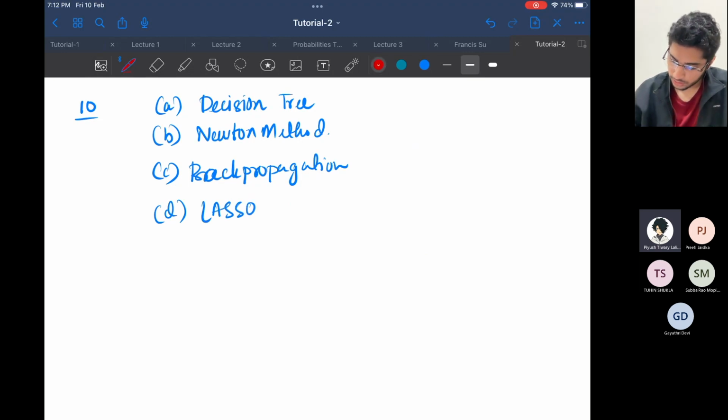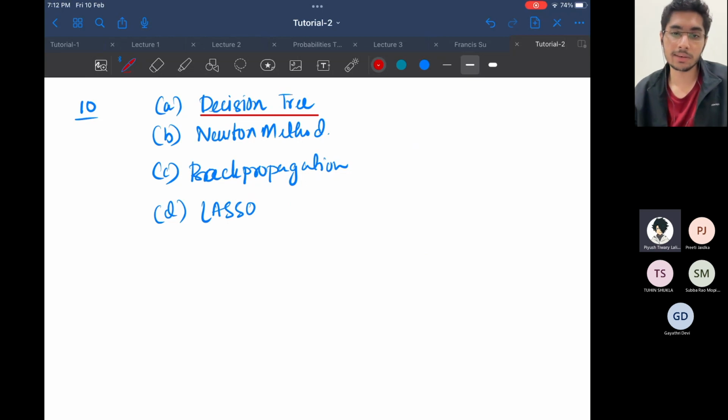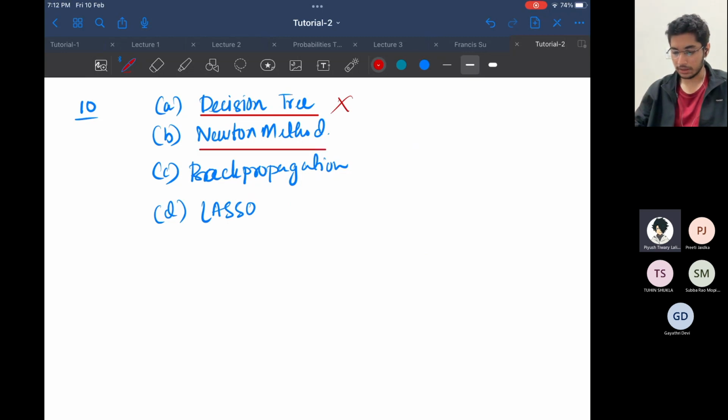Decision tree is itself a machine learning algorithm, but it is not used to train anything. It is a tree that we are supposed to train, but it is not the algorithm that is used to train a neural network. So this is not a correct answer. Then we have Newton method. Newton method is actually an optimization technique, but it is not used to train a neural network.